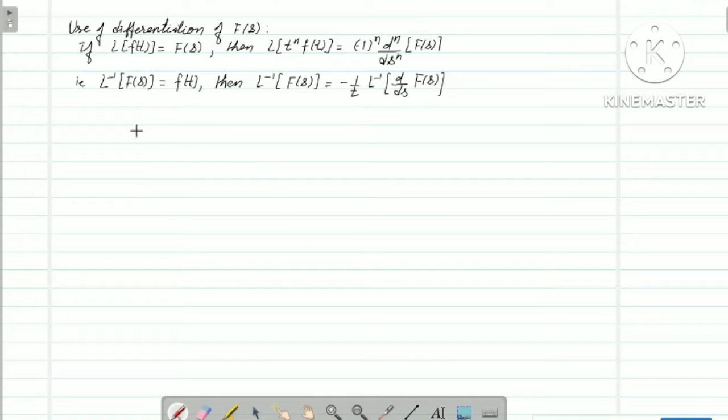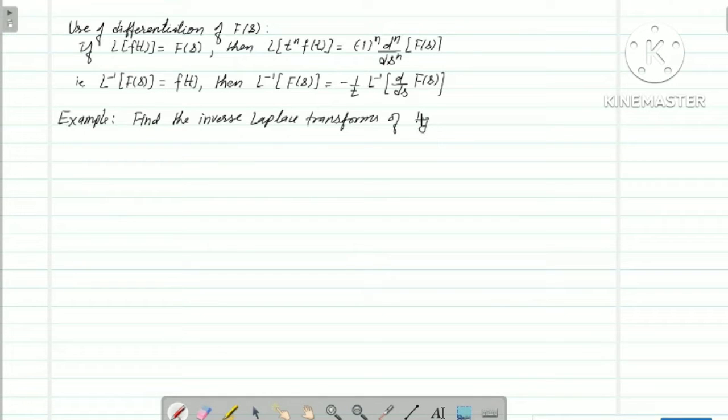Okay, let us see how to use this formula to find the inverse Laplace transform. So example: find the inverse Laplace transform of log of 1 minus 1 upon s square.